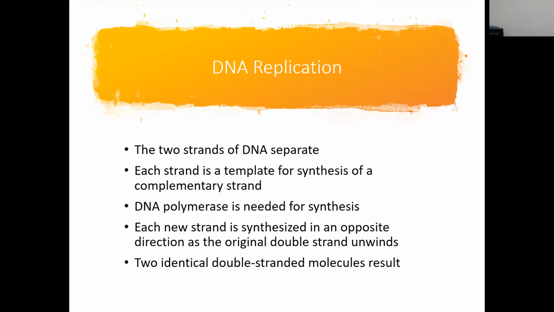Each strand is a template for synthesis of the complementary strand, and each new strand is synthesized in an opposite direction. So if you're going from 5' to 3', you're going to go in the opposite direction, and we'll see that in just a minute. So you end up with two identical double-strand molecules known as daughters at the end of DNA replication.